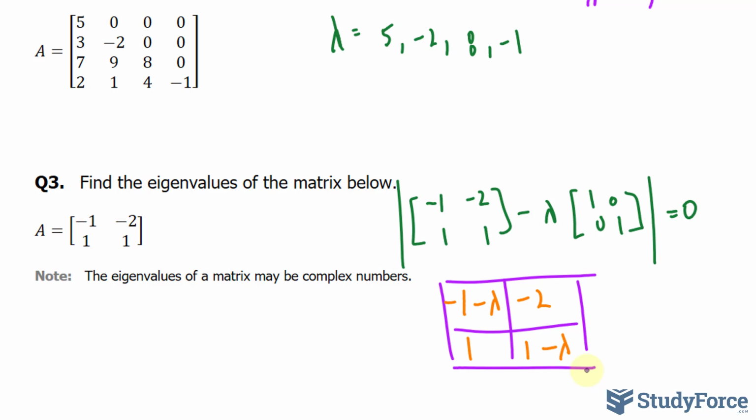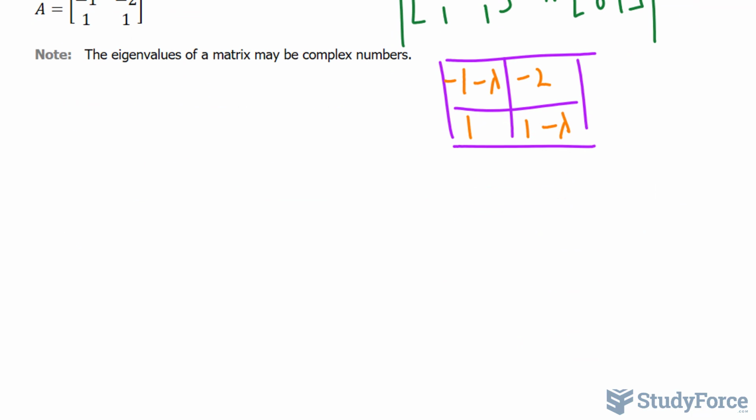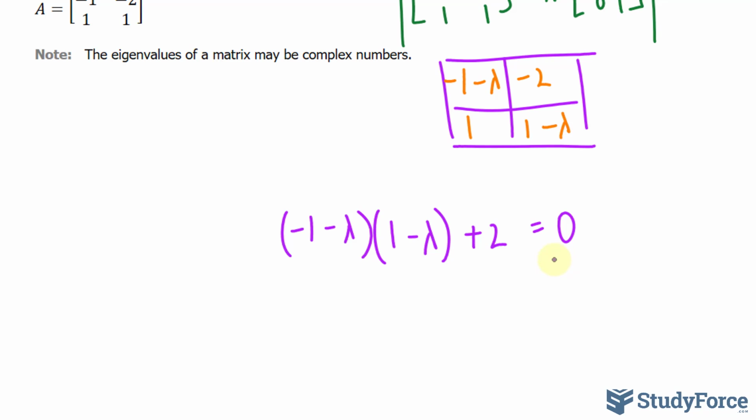We can find the determinant of this using the shortcut method for 2 by 2 matrices, and that's when you take the product of this diagonal and subtract it by the product of this diagonal. So the product of this and this is -1 minus lambda times 1 minus lambda minus the product of these two, which is -2, so it's simply +2, and that's equal to 0.